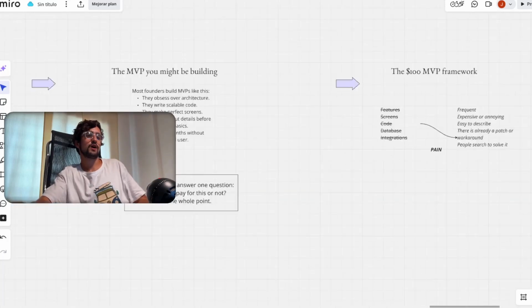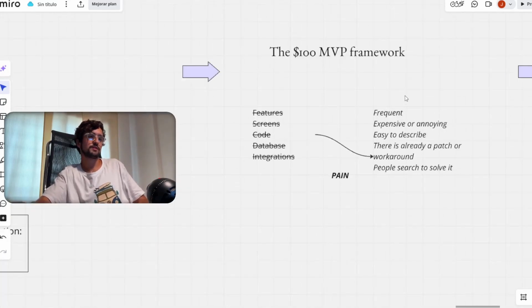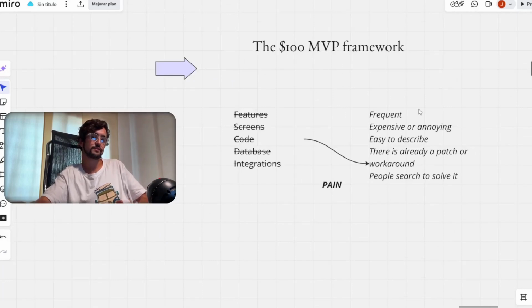So how can you build a minimum viable product with less than $100? First of all, you need to identify a clear pain, okay? And a pain is not features, screens, code, database, or integrations. A pain is something that happens frequently, is expensive or annoying, and is easy to describe. There is already a patch or a workaround, okay?